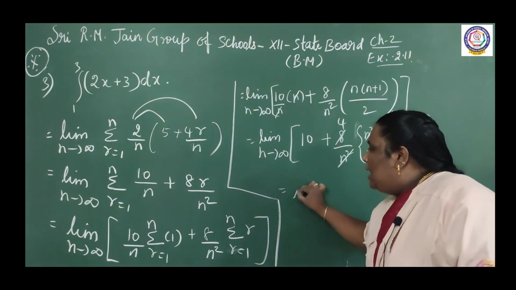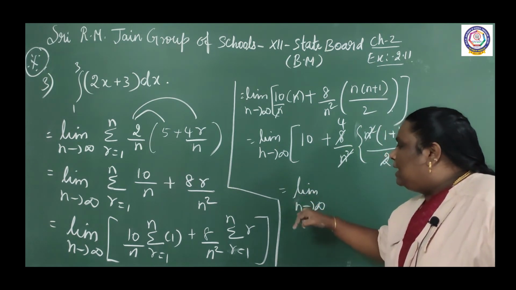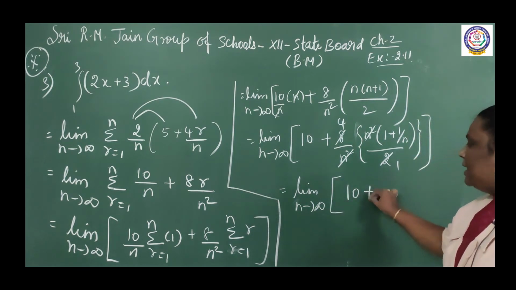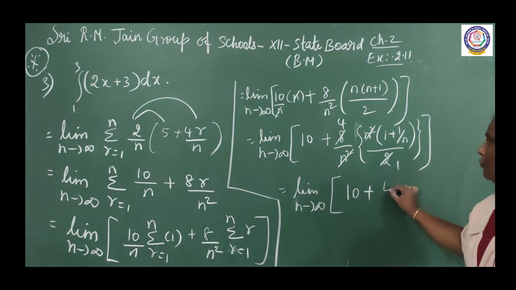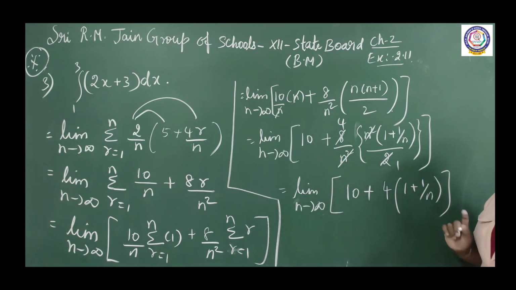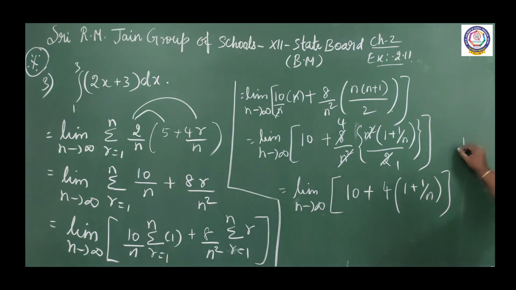So, limit n tends to infinity, 10 plus 4 into 1 plus 1 by n. Limit n tends to infinity, 1 by infinity becomes what? 0.